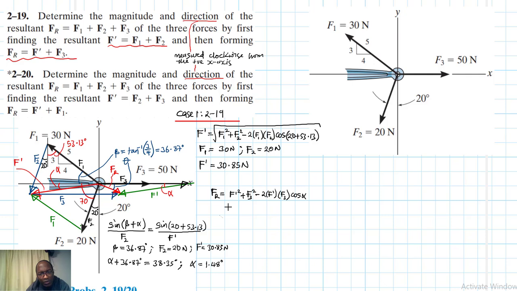The equation looks small, but this is fine. We have F prime equal to 30.85 newtons, F3 equal to 15, and alpha equal to 1.48 degrees.